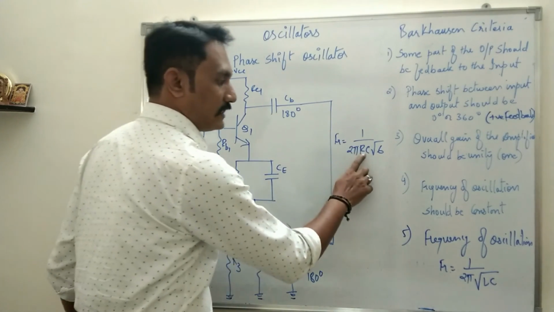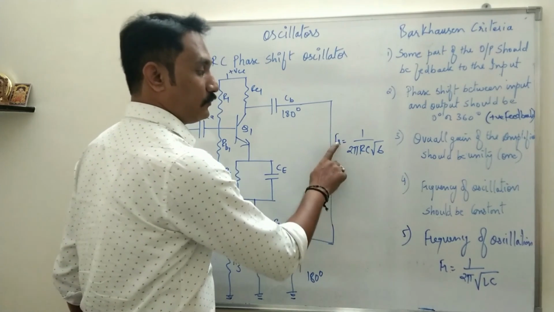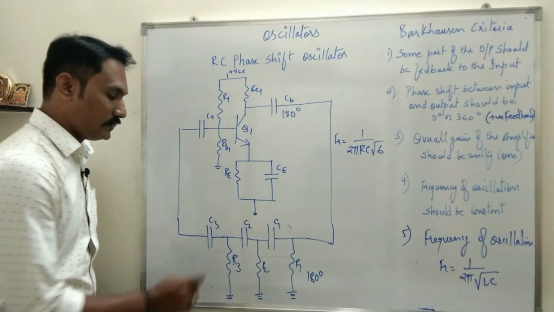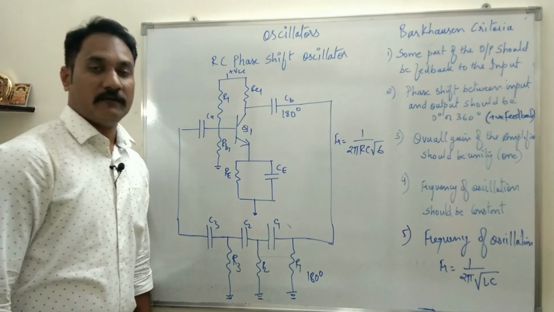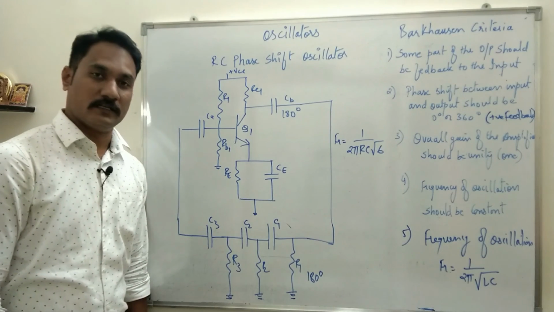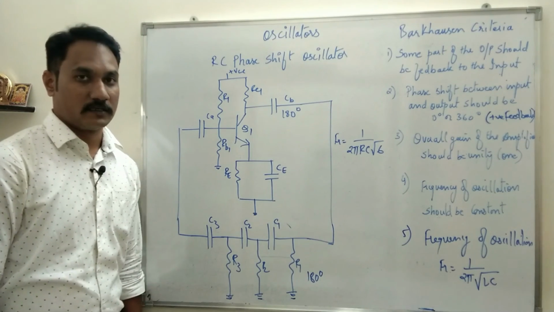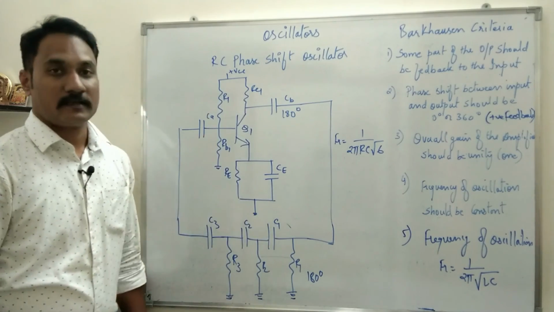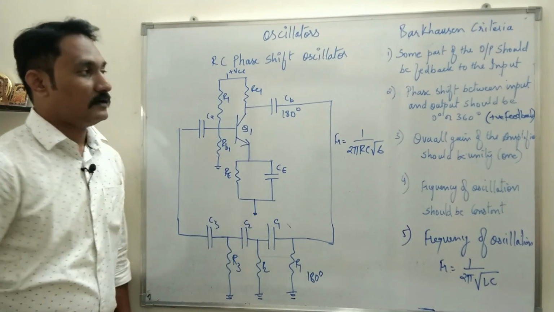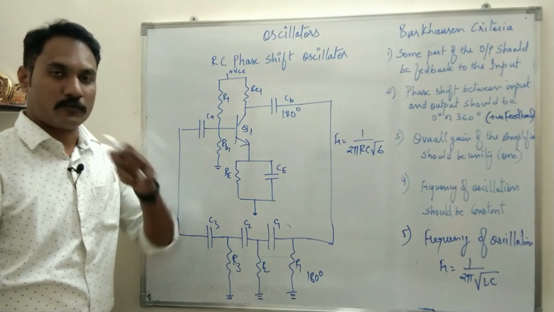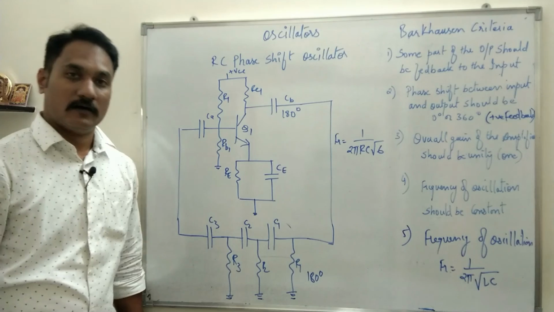The only values which will affect the frequency of oscillation are R and C. So if you make sure that the values of R and C are constant, then the frequency of oscillation will also be constant. So you can see all 4 criteria are satisfied in the circuit, so we can say this circuit will be used to produce a sustained oscillation.